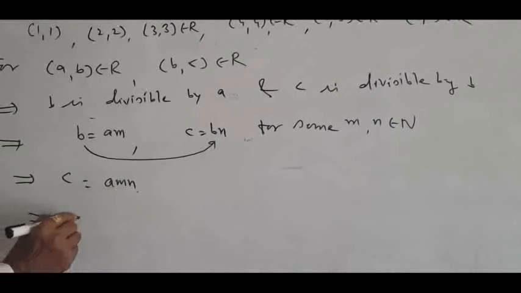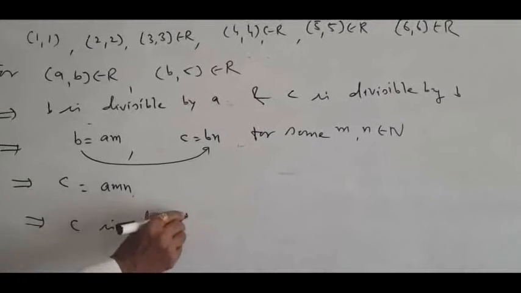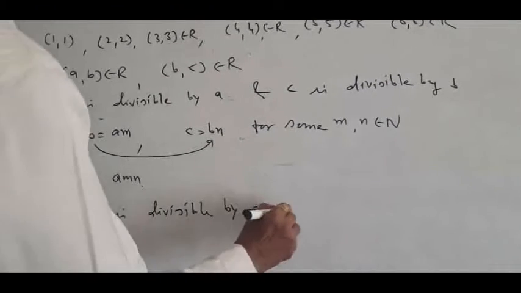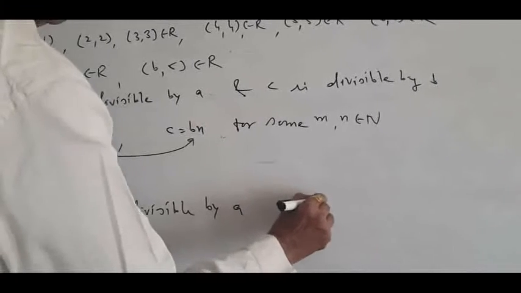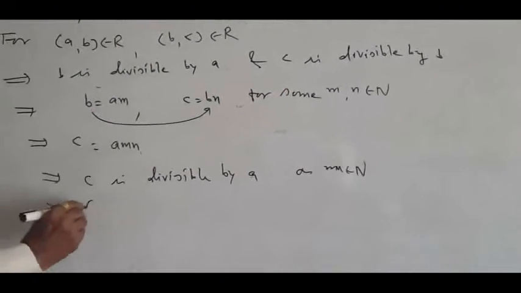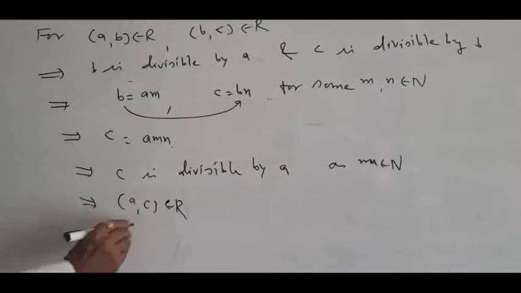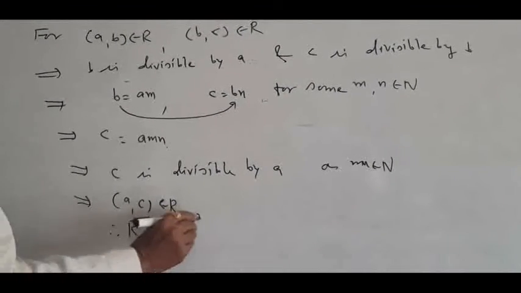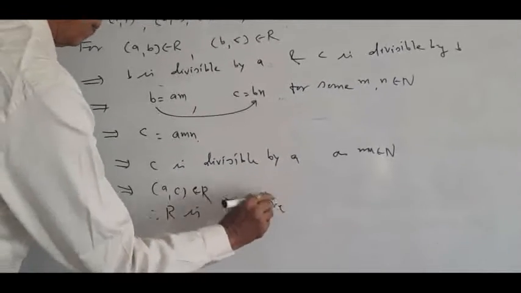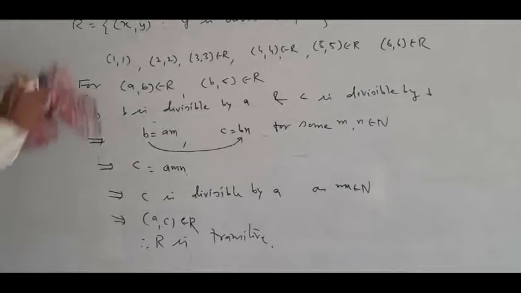Therefore, c is divisible by a, and mn belongs to capital N. This implies (a, c) belongs to R. Therefore, R is transitive.